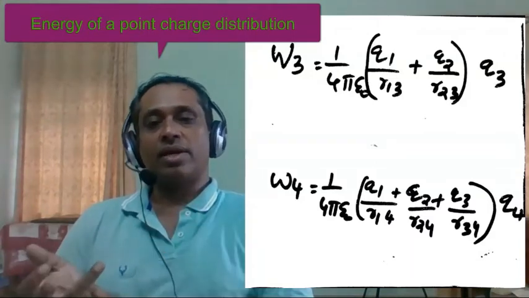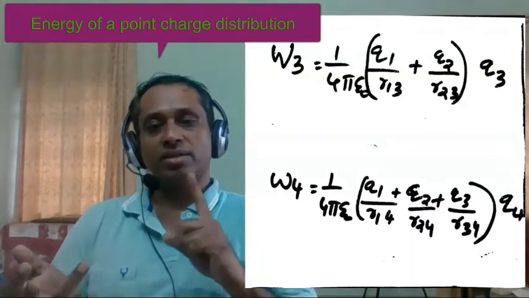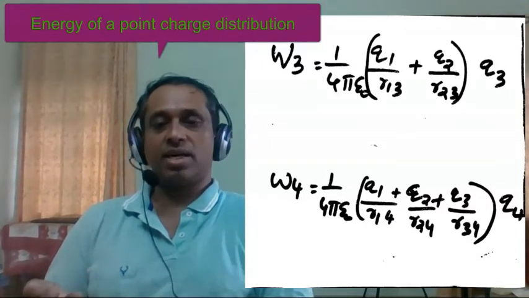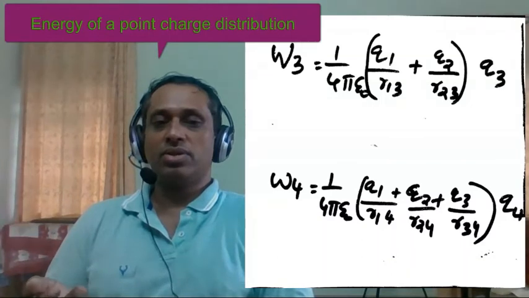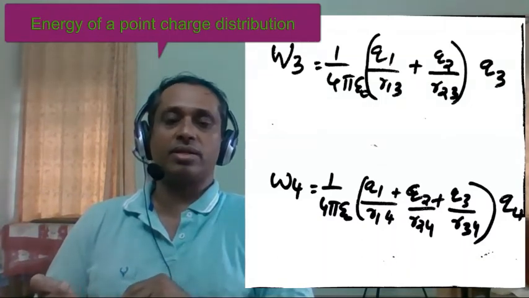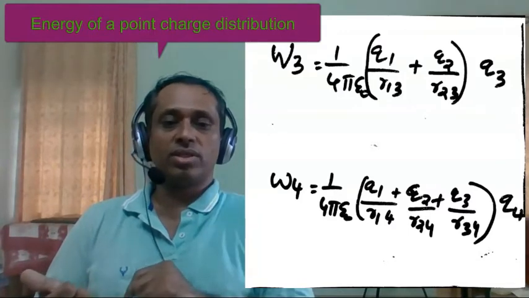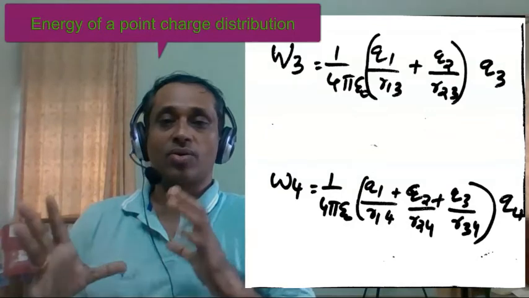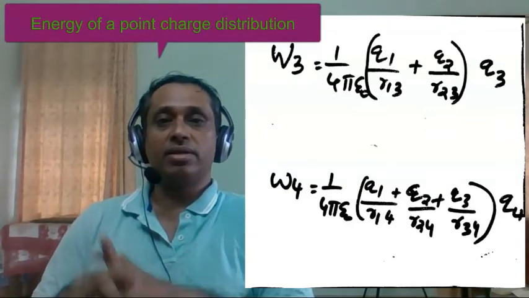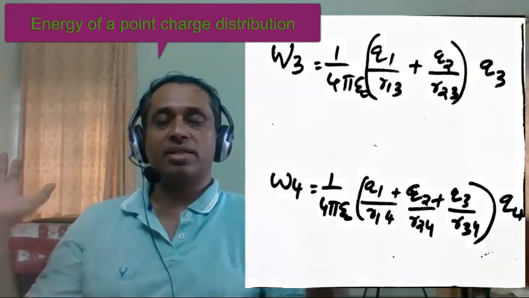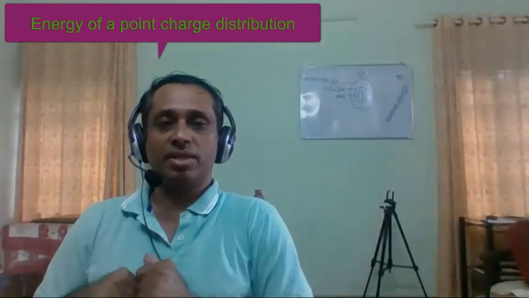So we calculated the work done to bring the first charge, that is 0. The work done to bring the second charge, W2, we calculated. The work done to bring the third charge, we calculated. The work done to bring the fourth charge, we calculated. So what is the total work done in assembling these four charges by bringing them one by one from infinity?